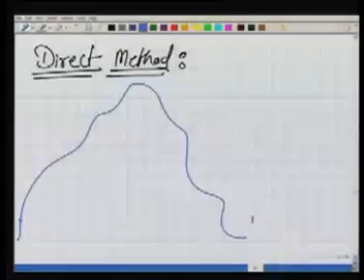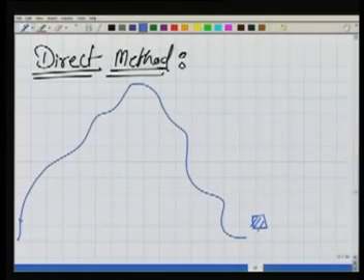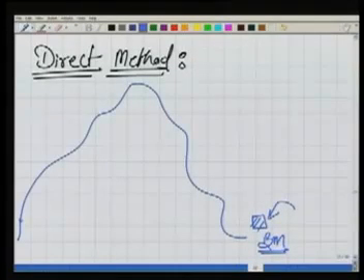Let us say we have also a benchmark here. Naturally, when we are making the contours, what we would like to do, we would like to relate these contours to our reference, which is the mean sea level. So what we did initially, starting from some known benchmark, Survey of India benchmark, we did the fly leveling and we established the RL of this point. So we know the RL of this point, so meaning is this is my benchmark.